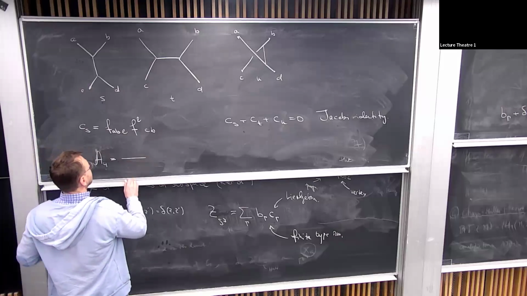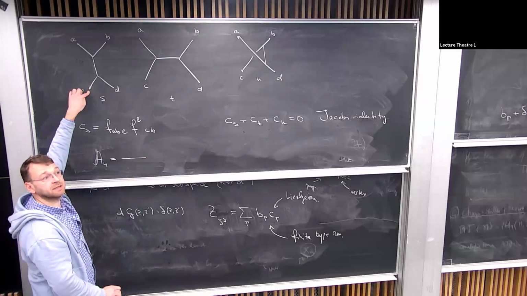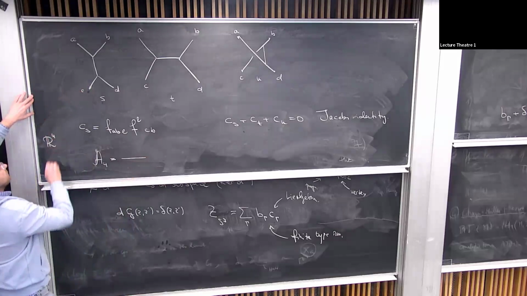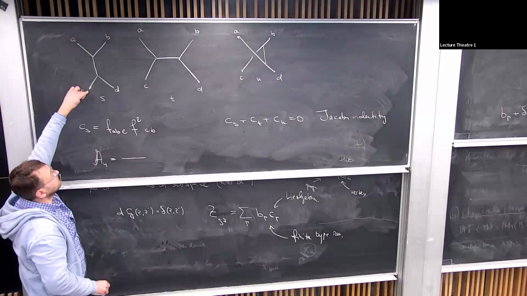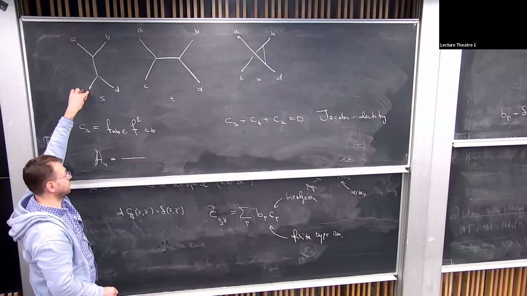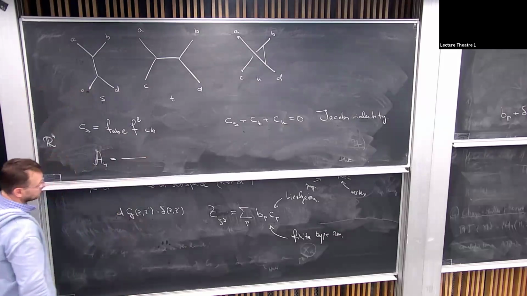For a physical theory, this might depend on some momenta or other data. For example, imagine in R4 you have your gauge field. You can pick some basis, plane waves, decompose, and you can label this by momenta, by coordinates.